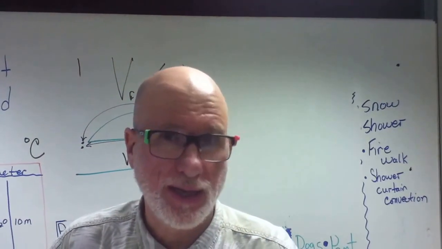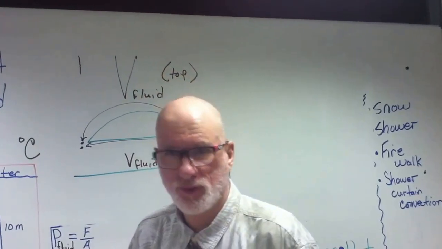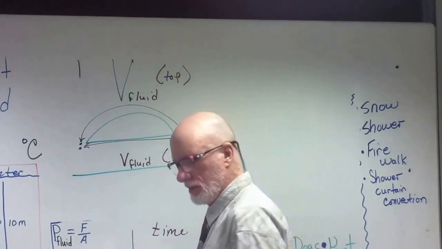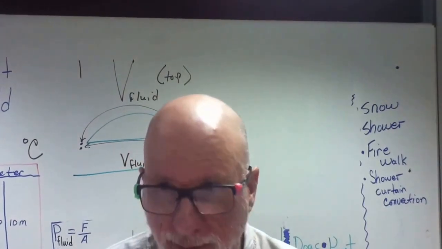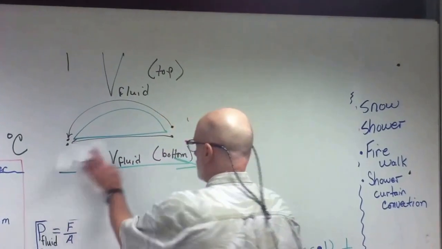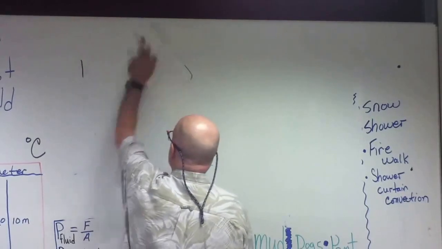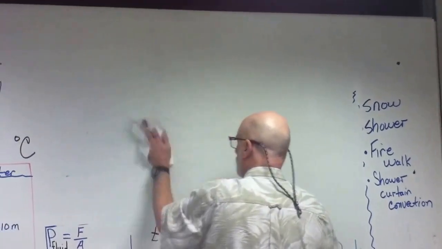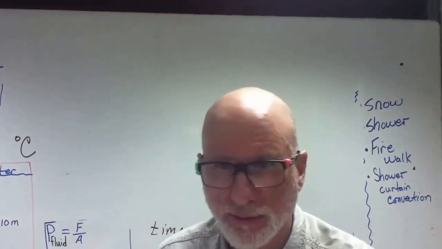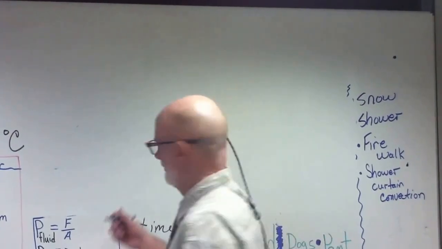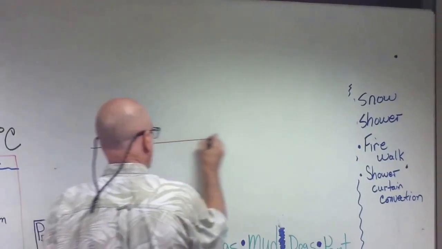Look up Bernoulli and I'll spell it on the board. Look up, try to figure it out. Look up Bernoulli. Okay, are you ready? I can erase this? Bernoulli. Try to figure it out. What's this?